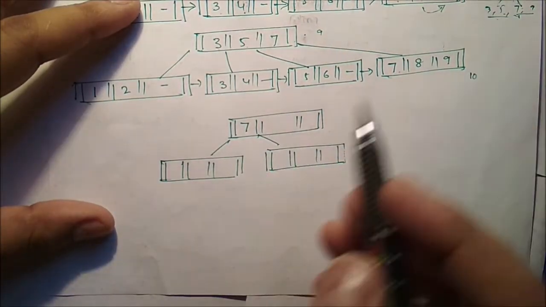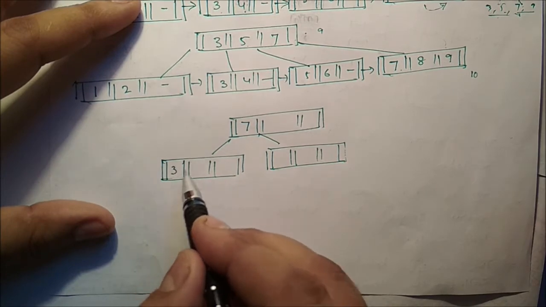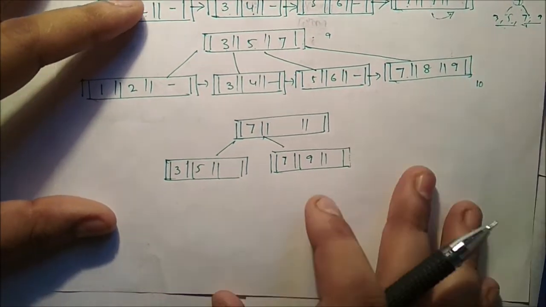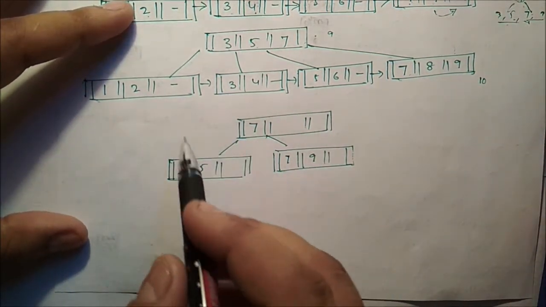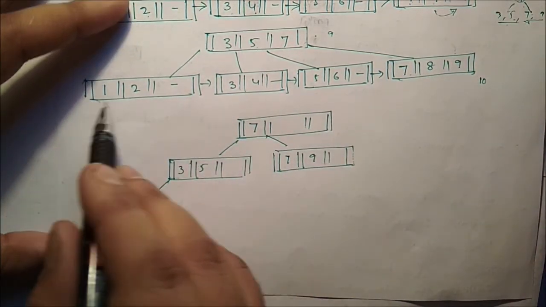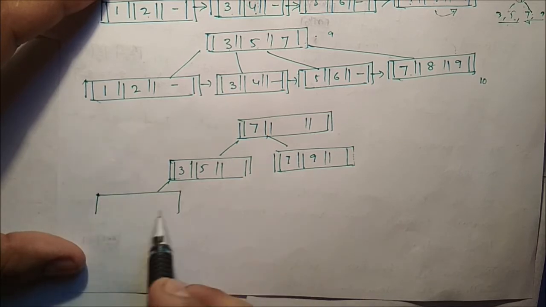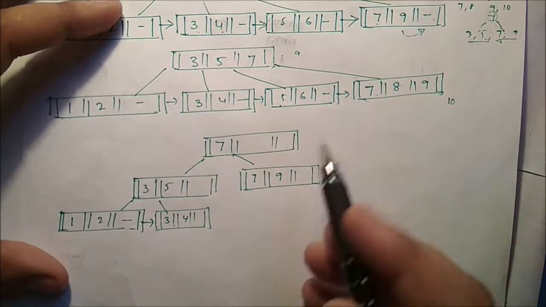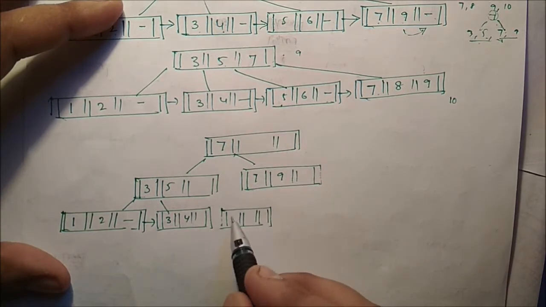So 3, 5 and 7, 9. You can say 3, 5 and 7, 9. Okay, and after that this one say 1. This particular node is there. 5 and 6.